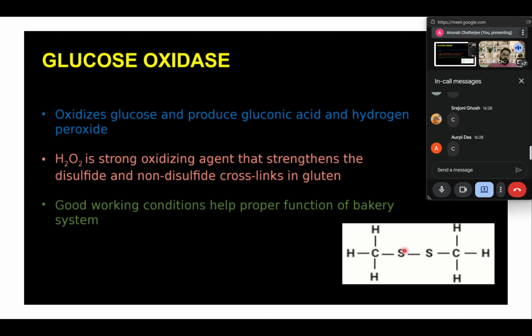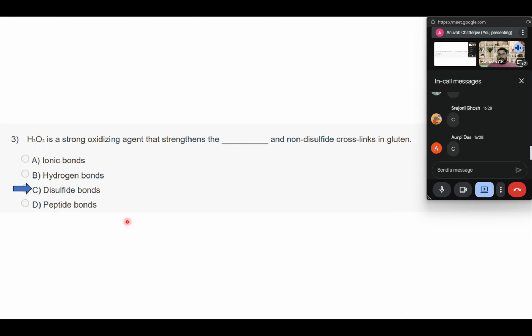So, in gluten, you have these disulfide bonds. Hydrogen peroxide actually helps in oxidizing this bond even more and making this bond stronger. And it helps in good working conditions and helps in proper function of the bakery system. So, peroxide is a strong oxidizing agent that strengthens the disulfide bonds and non-disulfide crosslinks in gluten.